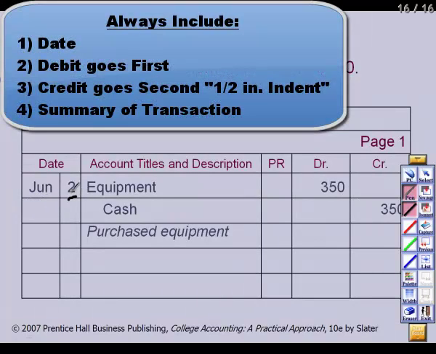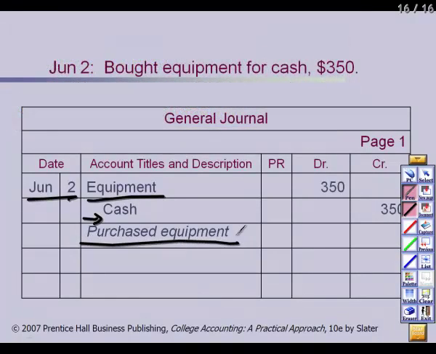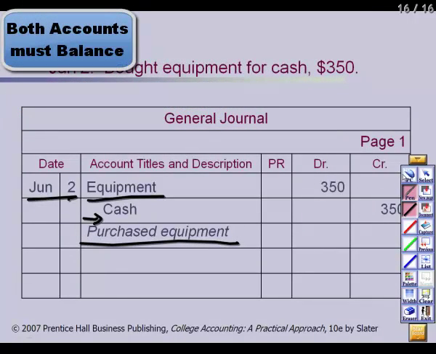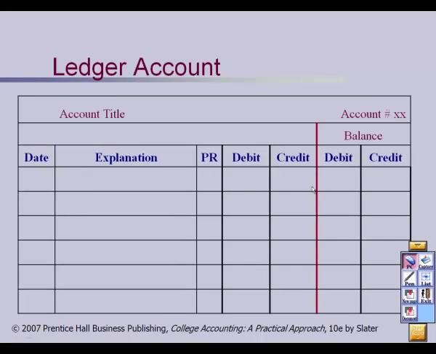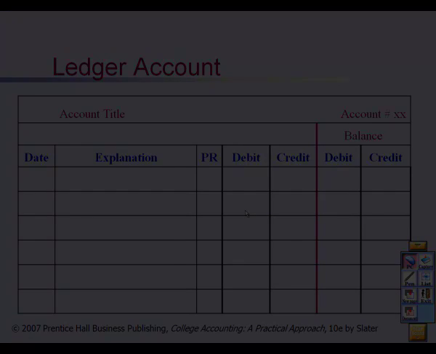Always include the proper date. The debit must go first. The credit goes second, and it is indented 1/2 inch, and then you will provide a summary of the transaction. Double check that both your accounts balance. Your debit is on one side and the credit is on the other side.